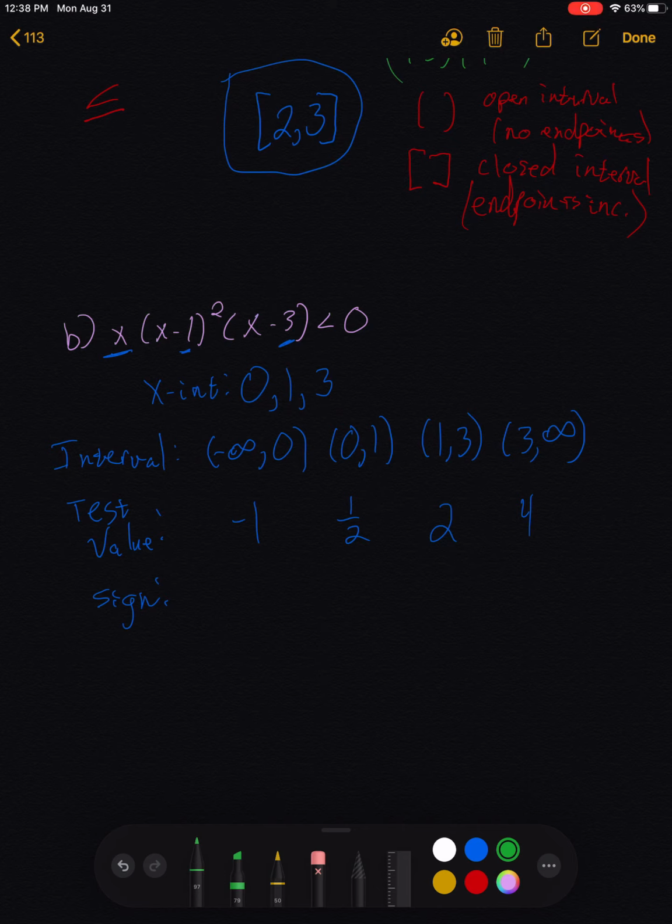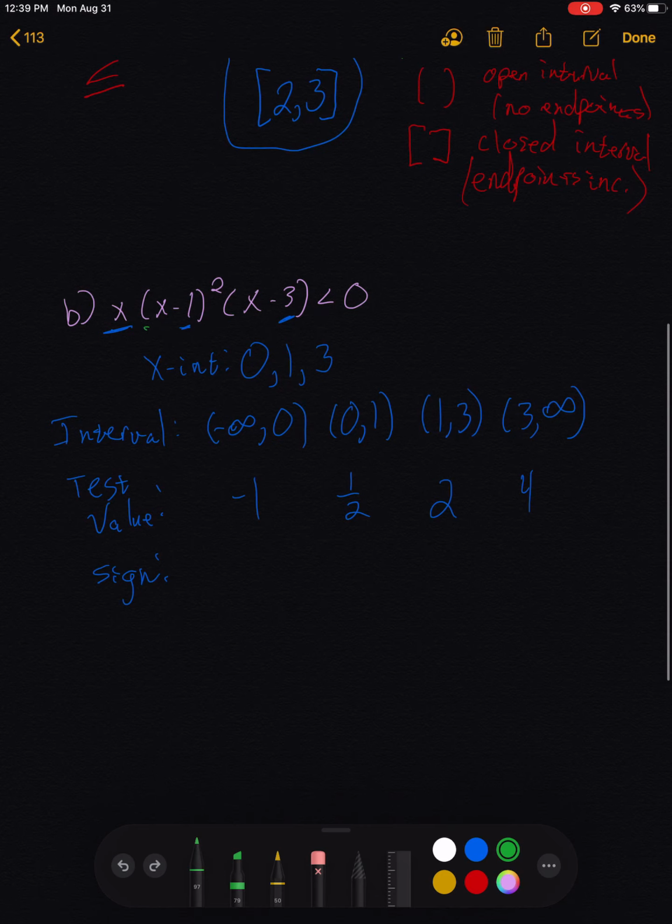Now, picking the sign allows us to take some more shortcuts. This middle factor here, look at this x minus 1 squared. That factor is always positive, right? Because anytime we square a number, whether what we square is negative or positive, the result is going to come out positive. So when we're trying to determine the sign, we're going to do so by first plugging in -1, that was our first test value.